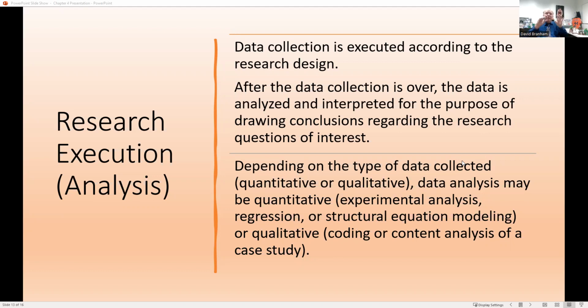It could be post facto design, where it's from the field, or it could be qualitative. It could be case studies and so forth. That execution is the last part that you do before you analyze, and then you publish what your research findings are.